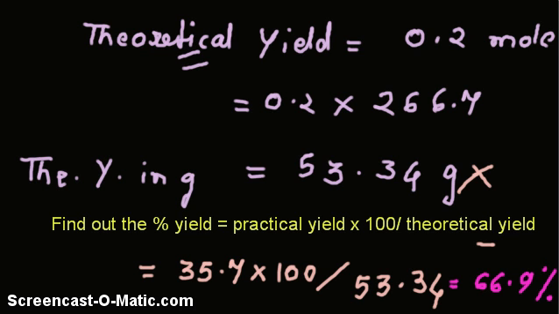So to recap, for such problems, stepwise, first find the actual number of moles in the reaction. From that, find the limiting reactant. Use the quantity of the limiting reactant to find the number of moles of product theoretically. That is the theoretical yield in moles.